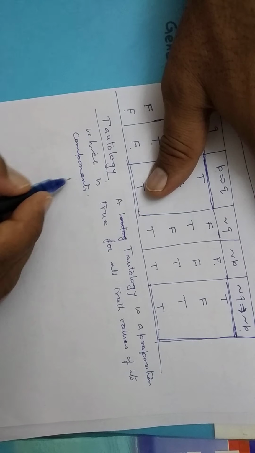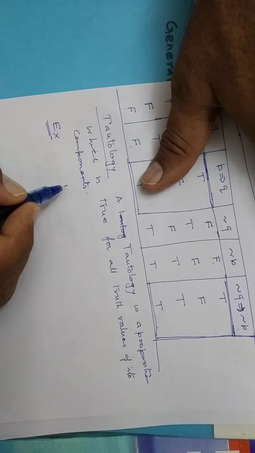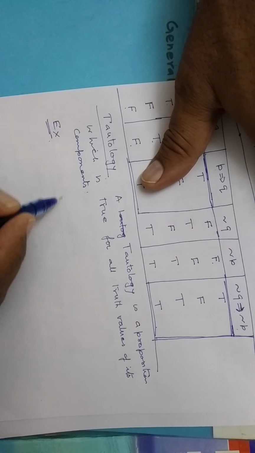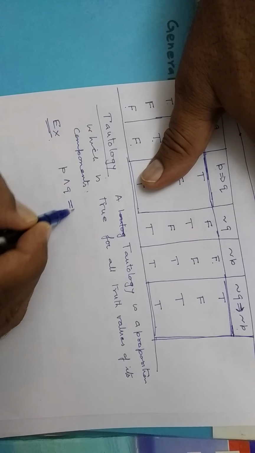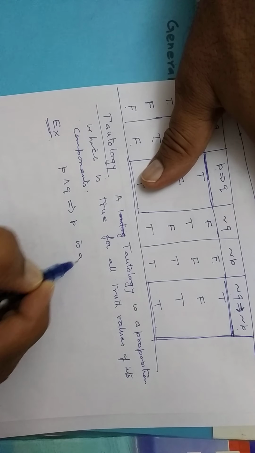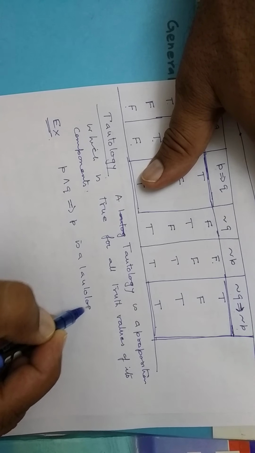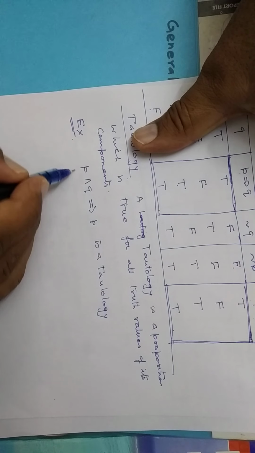For example, P and Q implies P is a tautology. This is a proposition.